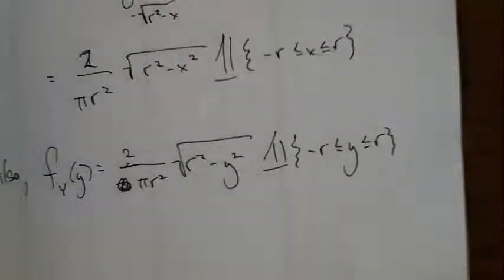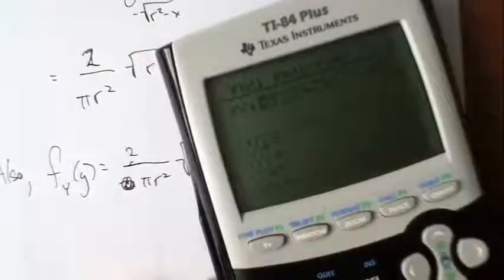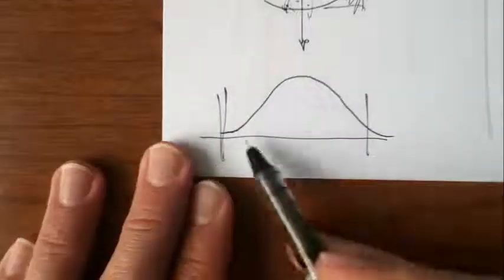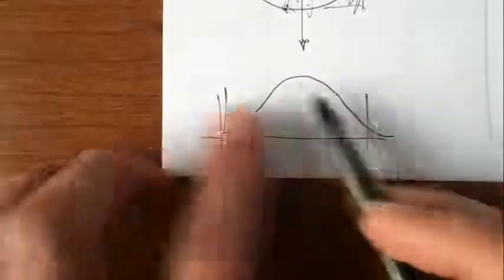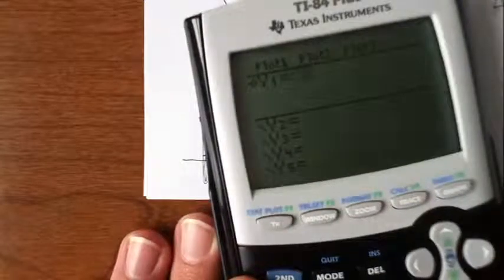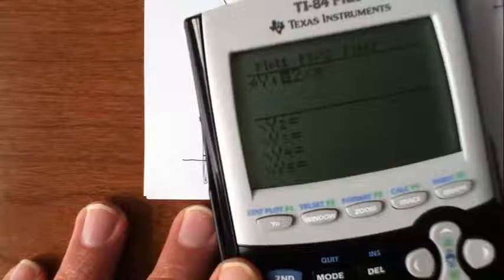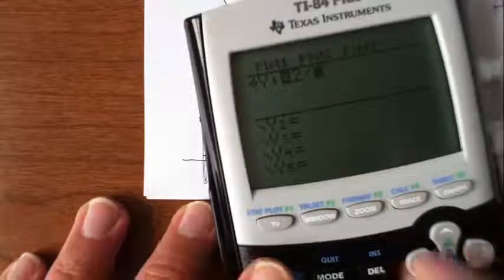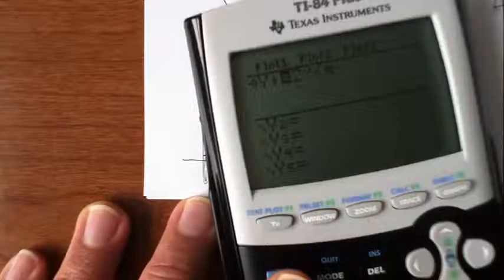And you know what? Let's graph that density function. Might be kind of neat. I don't know exactly what it looks like, but it should go up, be higher in the middle, and be unimodal and symmetric like this. So I'm just going to put that in. It's 2 divided by pi r squared.